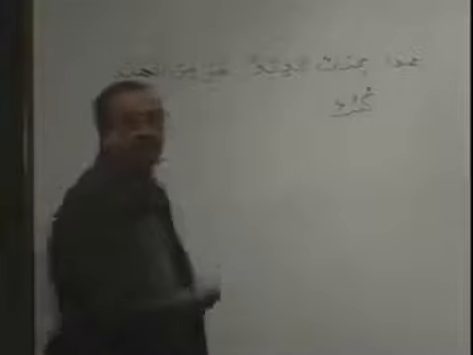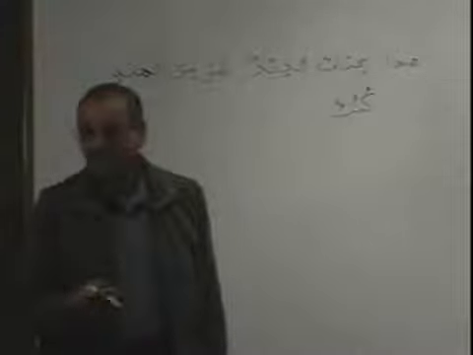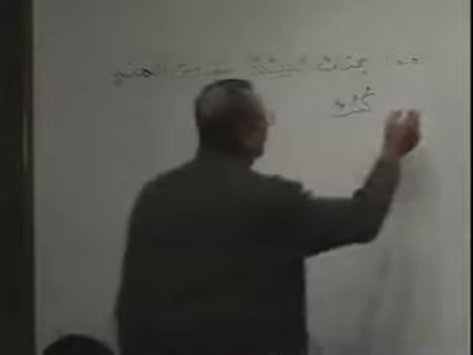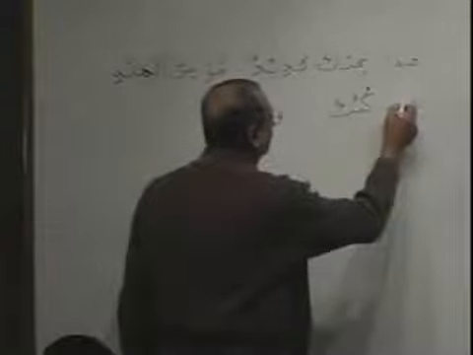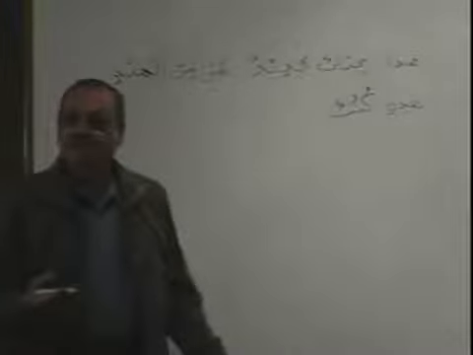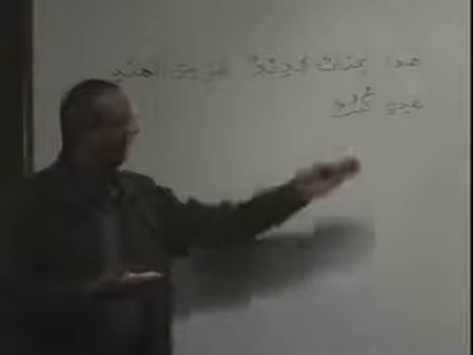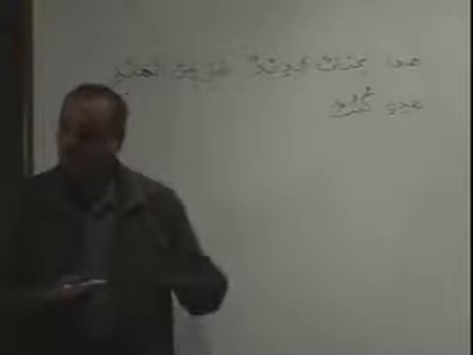Now, as we know, we use for jama haza, haulai, or ulaika, things like that. But I am writing here hadhihi. What happened? I am writing plural and then writing hadhihi, which is for a singular.